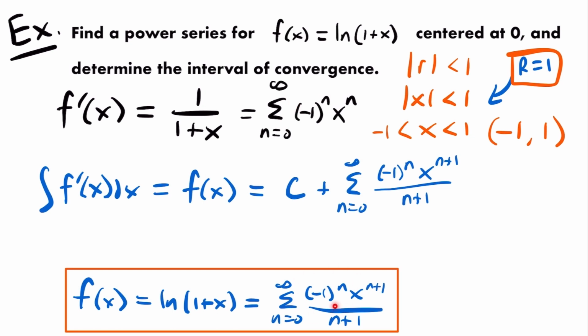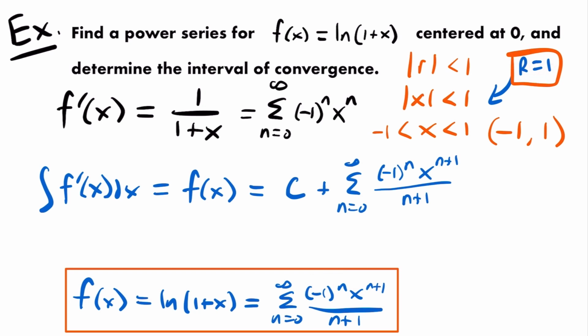And so the integral of this power series may or may not also include the endpoints of that interval of convergence. We may need to change these endpoints from being excluded from the interval of convergence to being included with closed brackets. So all we have to do now is check those endpoints for this power series.